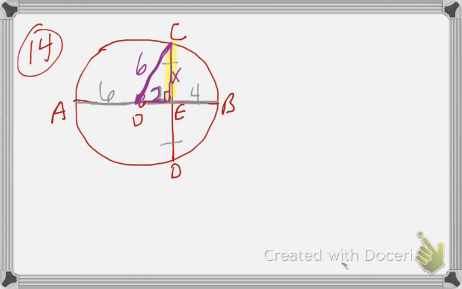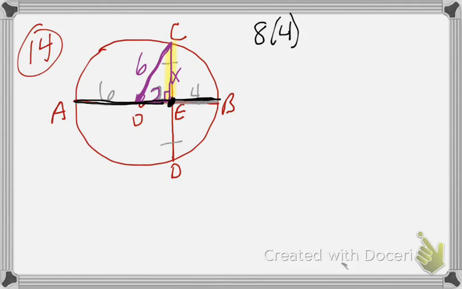Okay, I need another color. Okay, this AB is a chord, and it's broken up into two segments right here. So one piece is equal to 8, and one piece over here is equal to 4.